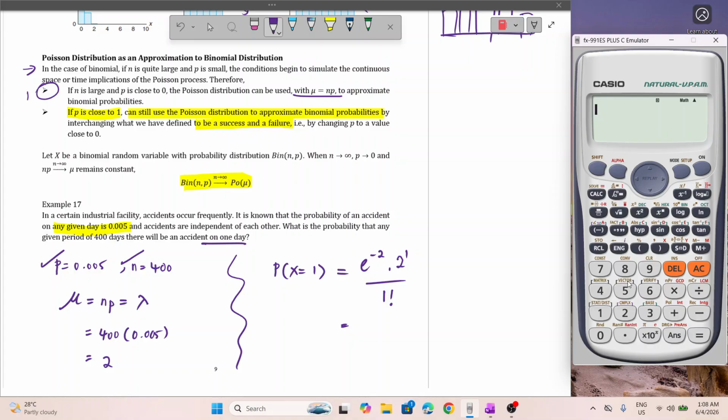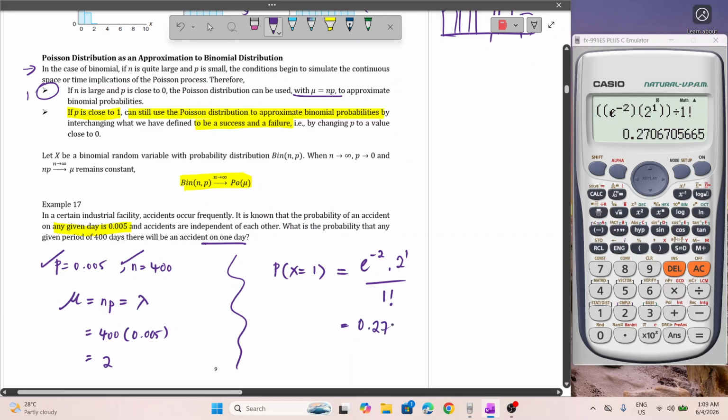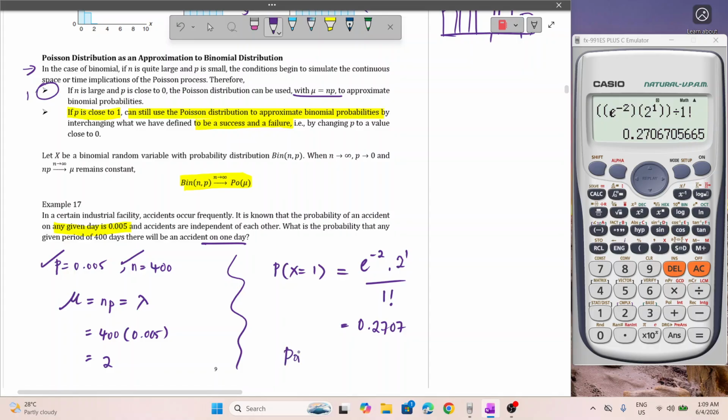Let's try it on the calculator. The answer is 0.2707, by using the Poisson distribution.